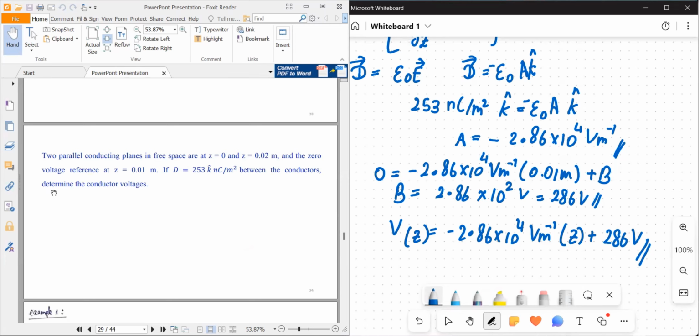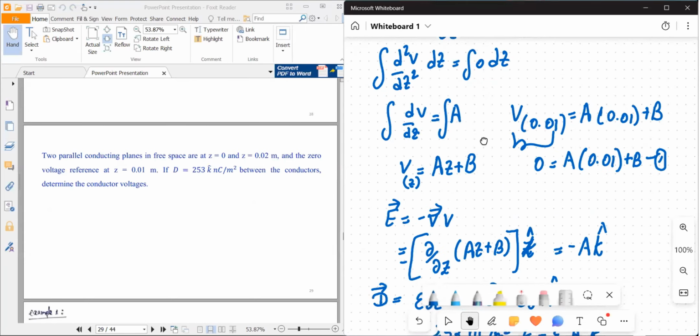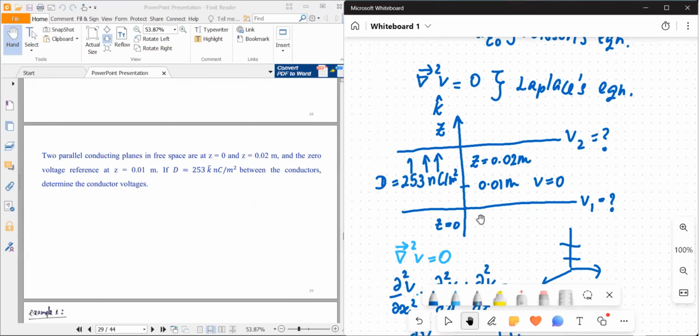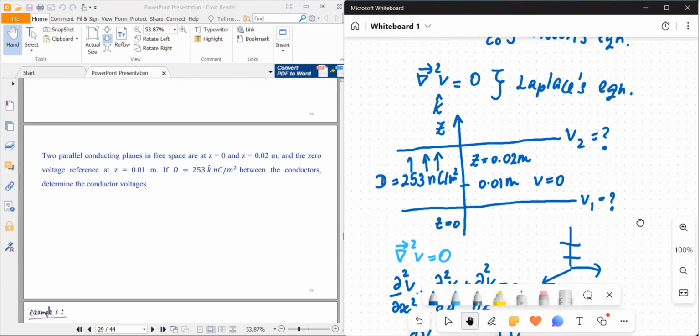Now, we need to determine the conductor voltages. So both of these conductors, one conductor is at Z is equal to 0 and the other conductor is at Z is equal to 0.02 meters.